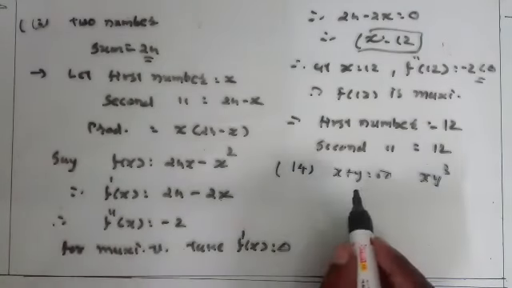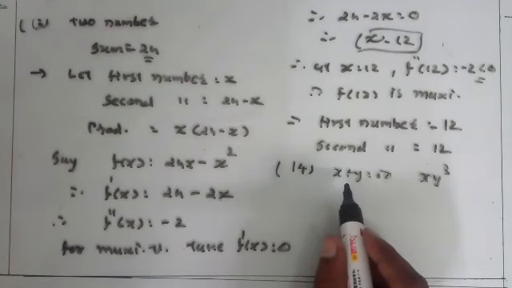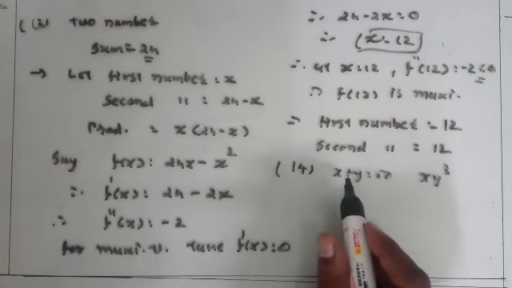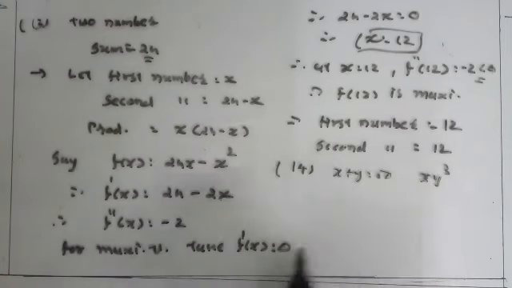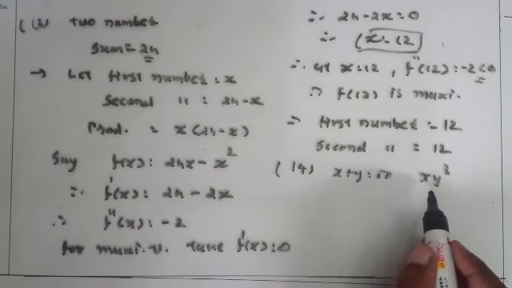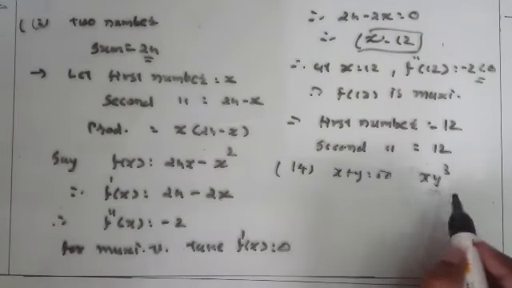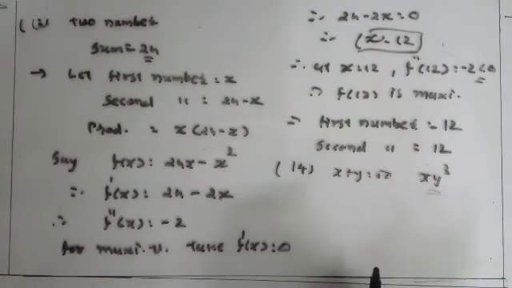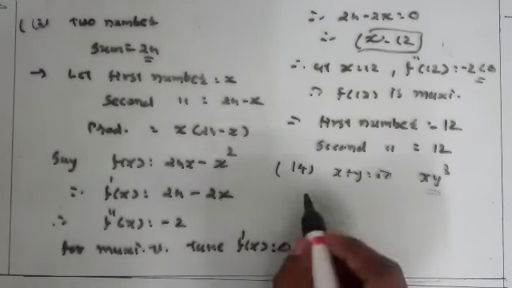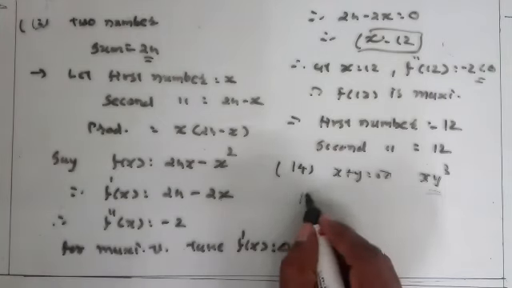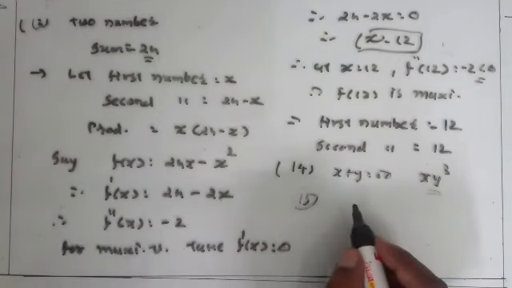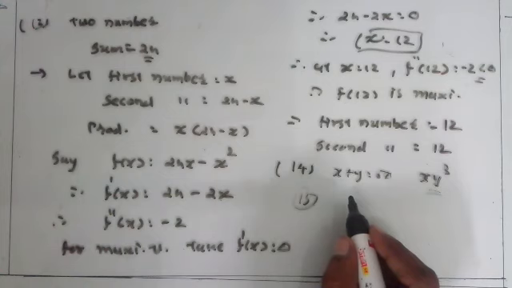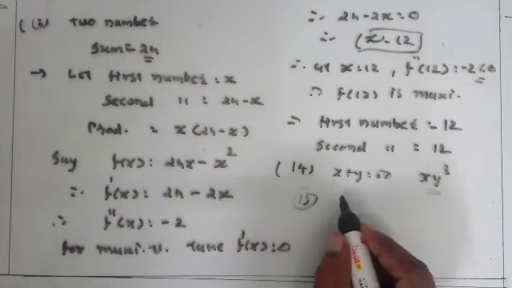And by this becomes a maximum. Both x and y are the required numbers. Question number 15, same question. Find the two positive numbers x and y such that their sum is 35.